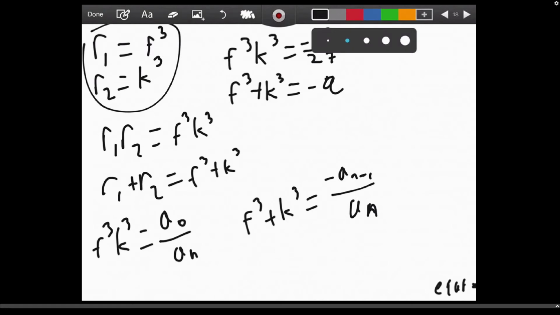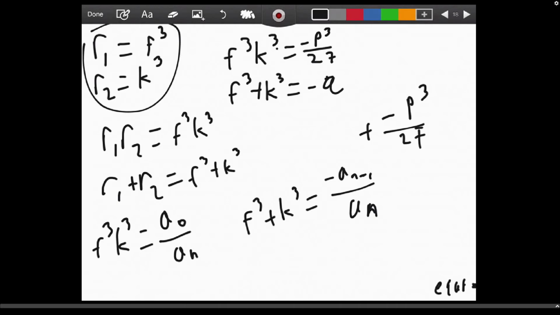So that's going to give us a quadratic that looks like, well, what is f cubed times k cubed? Well, f cubed times k cubed is negative p cubed over 27. That means that the constant is going to be negative p cubed over 27. The second to last term, or in this case, just the normal x term, is going to be f cubed plus k cubed, or the negative of it.